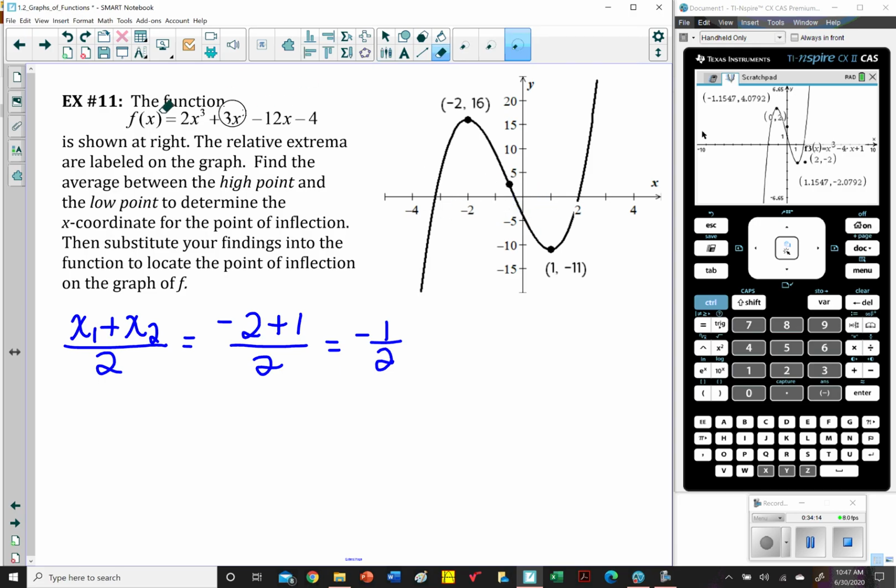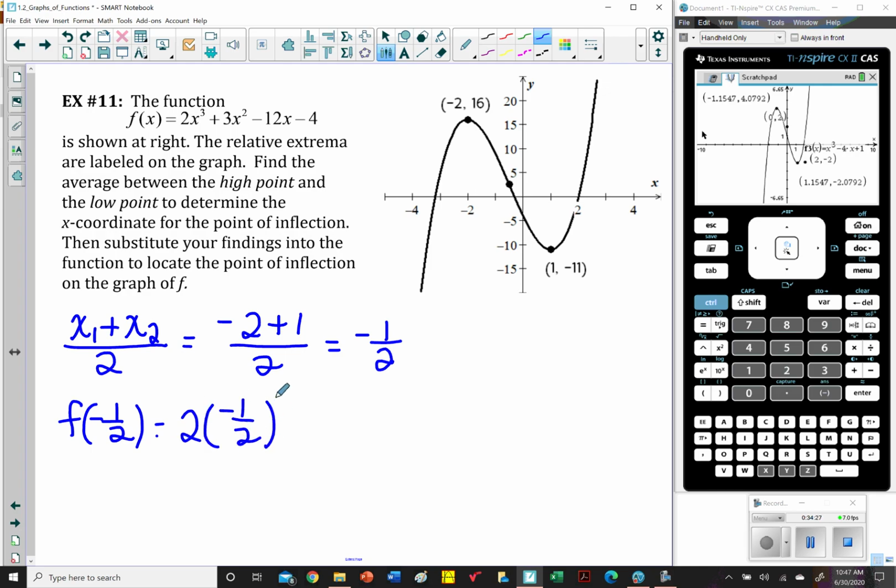So if we substitute negative 1/2 into our function here, f of negative 1/2 is 2 times negative 1/2 cubed plus 3 times negative 1/2 squared minus 12 times negative 1/2 minus 4.